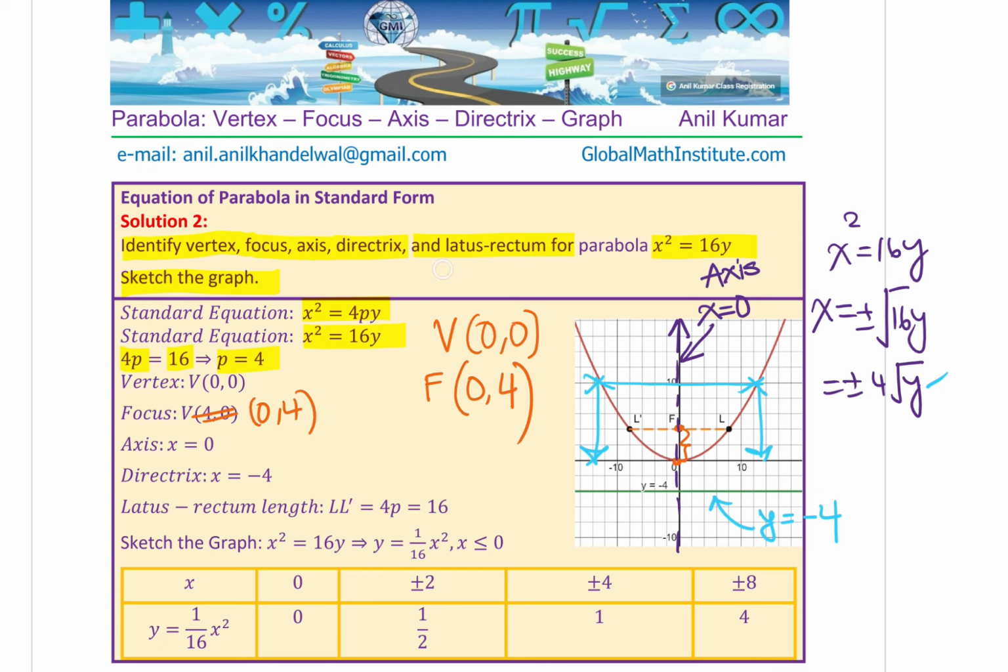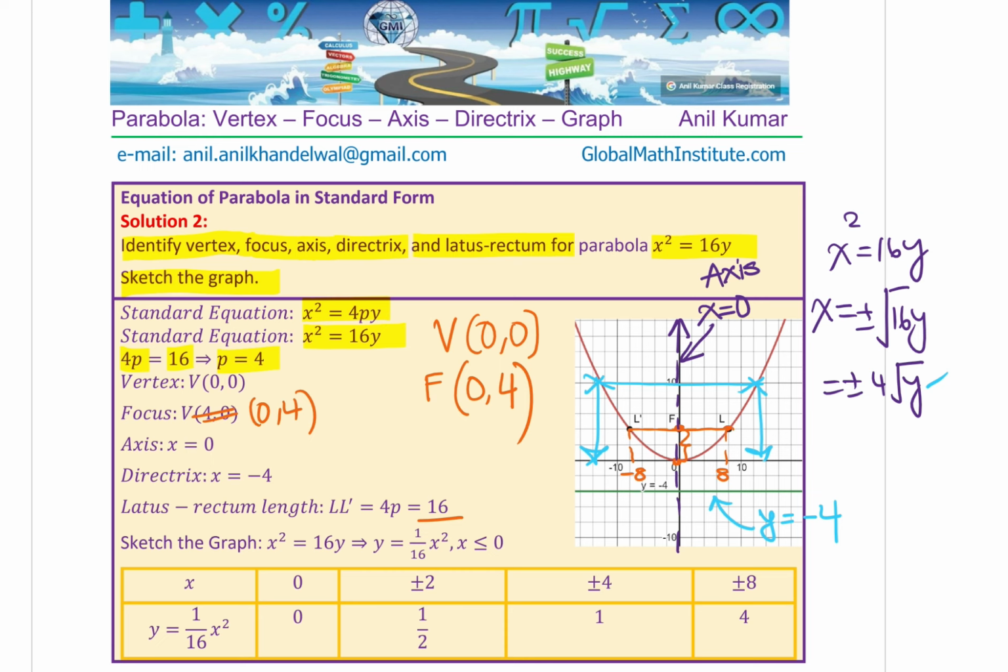Now, what is the latus rectum? As defined earlier, it is a chord which passes through the focal point, and the length is 4p. As we know, the 4p value is 16, and therefore the length of the latus rectum is also 16. So that means, as you can see here, this point and those points will be minus 8 and 8 away to give you 16.